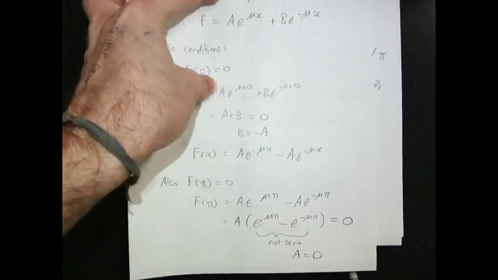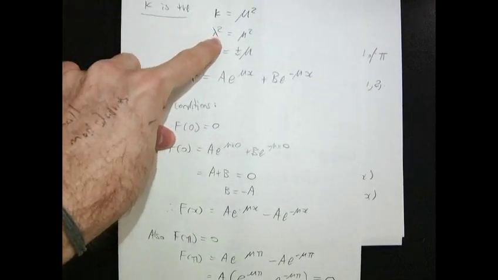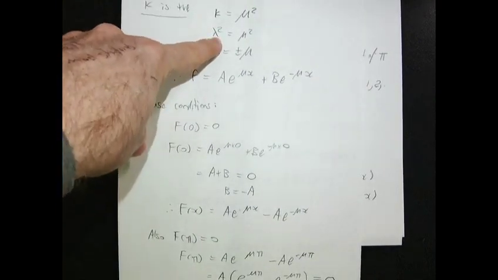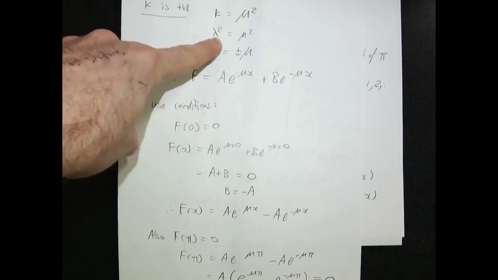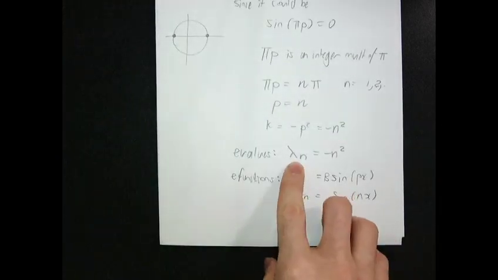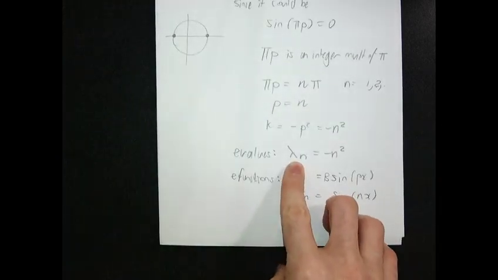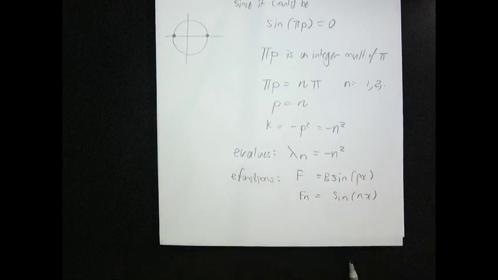This lambda here is the one that belongs with the characteristic function. This lambda here is the one that belongs with your eigenstatement, which is f double dashed is equal to kf.